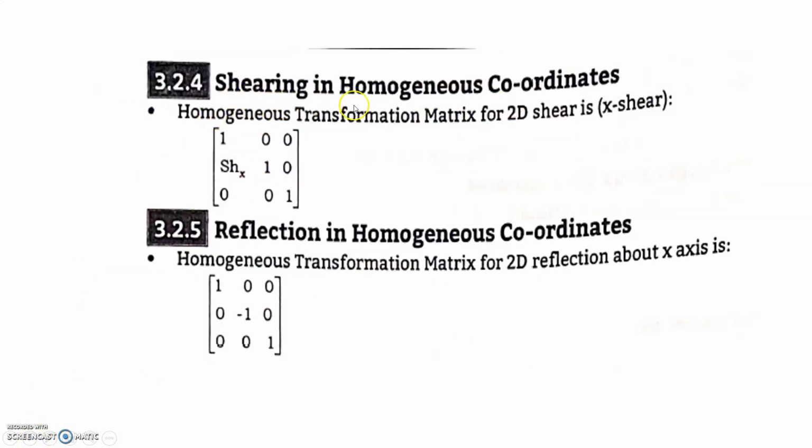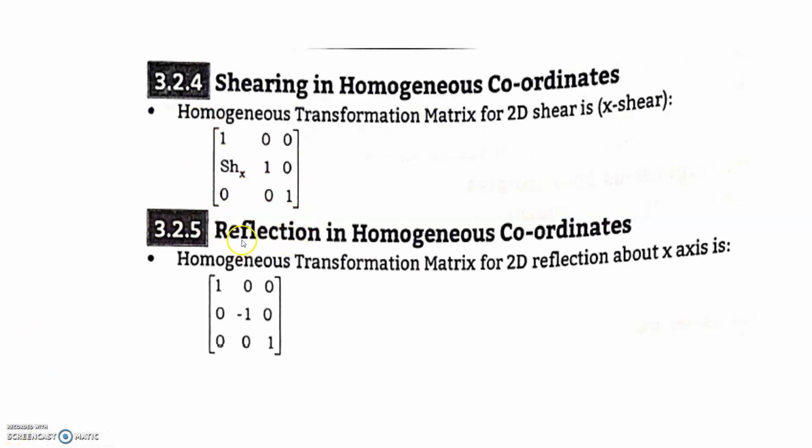The next is shearing in homogeneous coordinates. The homogeneous transformation matrix for 2D shear along x is 1 0 0, shx 1 0, 0 0 1. This is the formula for x shear.